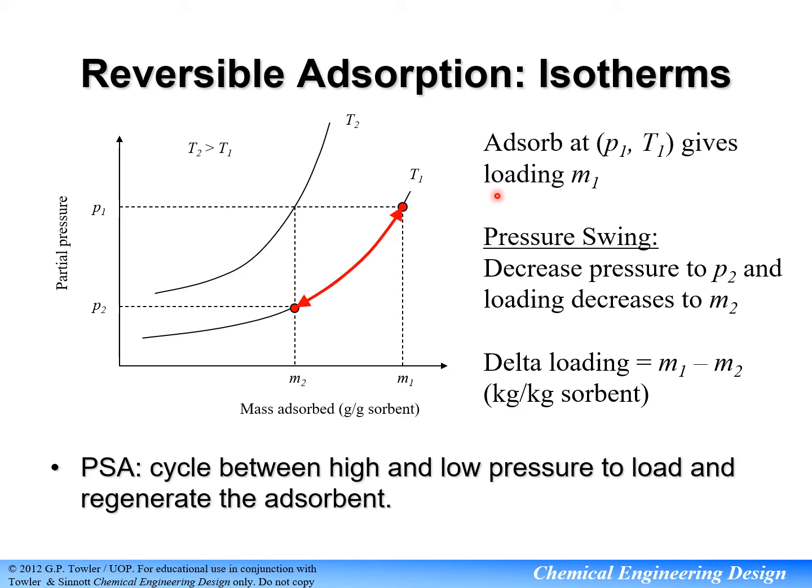For pressure swing, the working principle is to decrease the pressure from P1 to P2, and the loading of the sorbent will decrease from M1 to M2. In order to calculate the delta loading, we need to subtract M2 from M1, so that we know the amount of loading in that system.